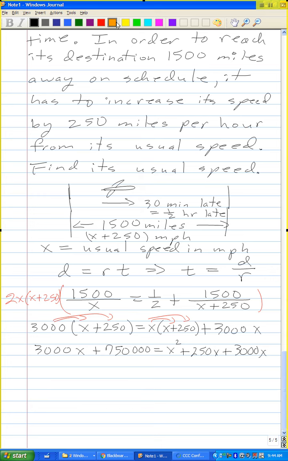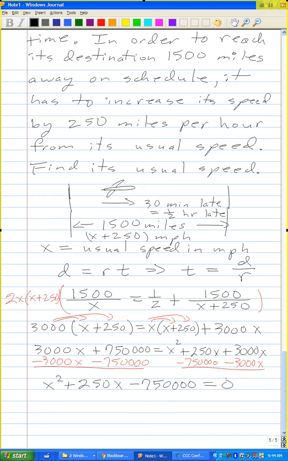Let me subtract 3,000x from both sides of my equation and 750,000 from both sides of my equation. And so I get x squared plus 250x minus 750,000 equals 0.